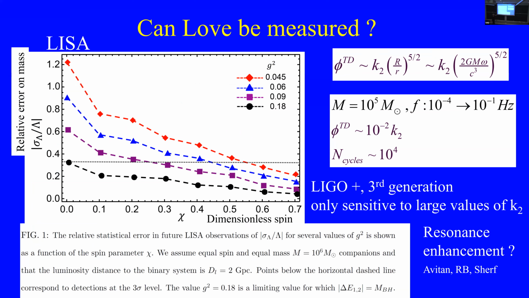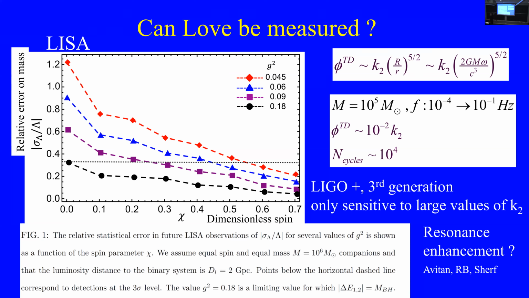We assume in this case a binary at 2 gigaparsecs, so quite far away, of equal masses of a million solar masses, which is again something reasonable for LISA. And these graphs show, I think, the 3 sigma value, the dotted graph.